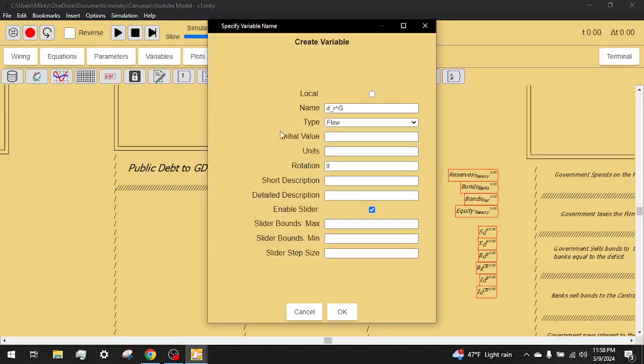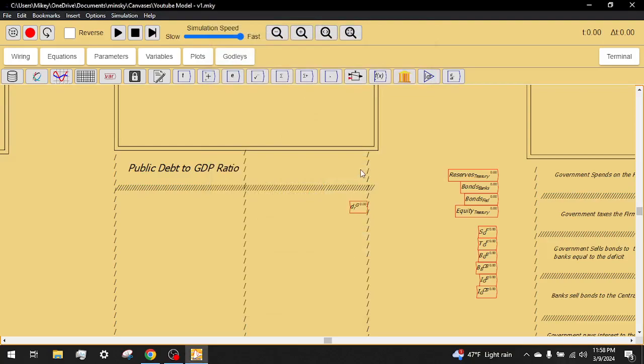All right. Okay. It'll be a flow. Yep. And it is just going to be a simple ratio of the GDP to the public debt outstanding, which is the public debt or the bonds held by the private banks.